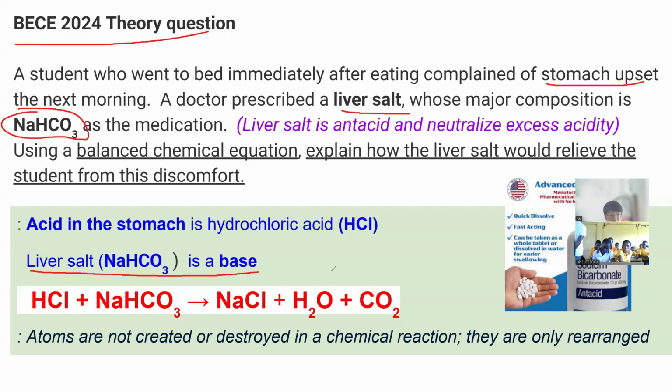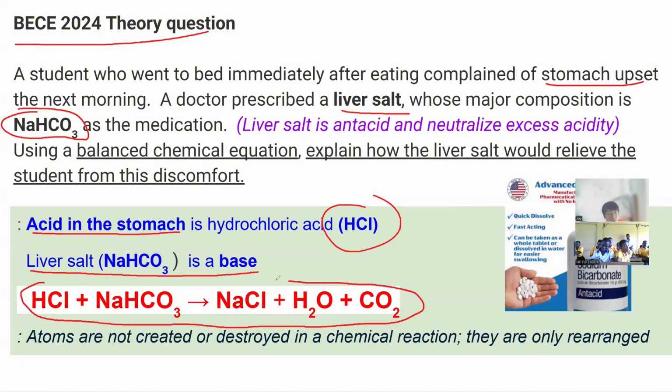So stomach acid can cause this stomach upset. The acid in the stomach is hydrochloric acid, HCl, but we ingested liver salt, this NaHCO3, which is a base. So this is the reaction that happens in our stomach.